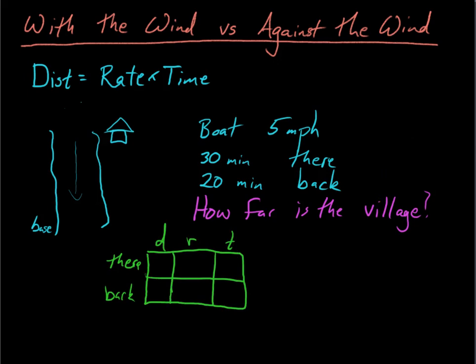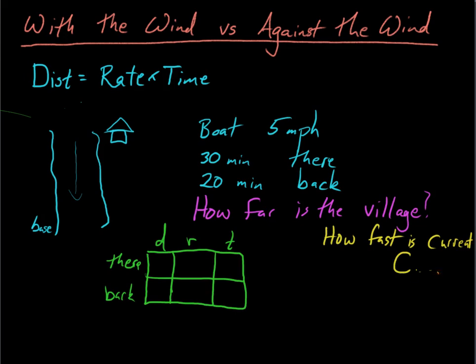So I asked how far is the village. That's not really an easy thing to work with. Let me ask another question kind of on the way. Eventually we have to answer the question they asked for, but let's go for how fast is the current. So let's say that that's C for current.